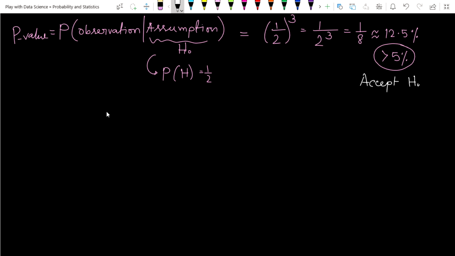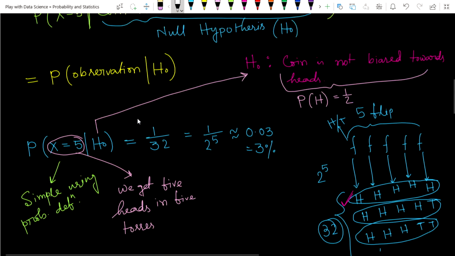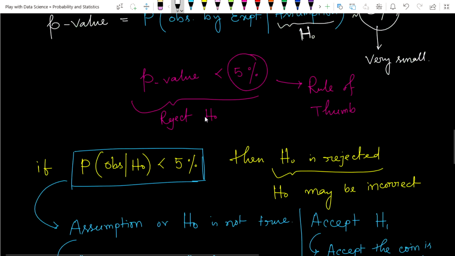Now we have to be careful about our size. In the first experiment, the number of times we performed the flipping is called the sample size.